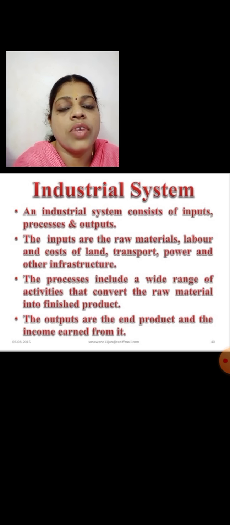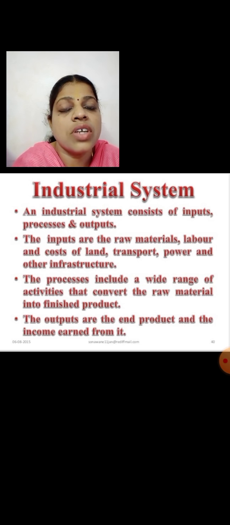So children, after applying the required inputs, the next stage is the processing of such inputs that we have provided into that system. So that is a functional relationship that happens between the inputs and the outputs.